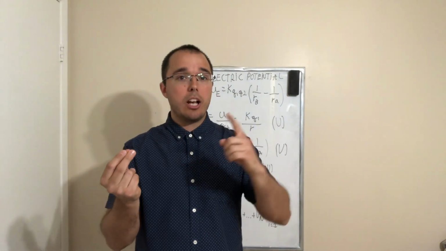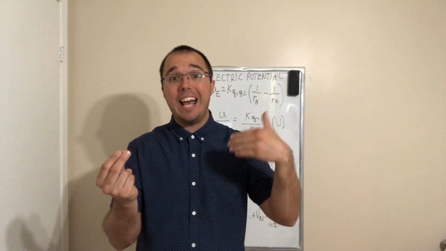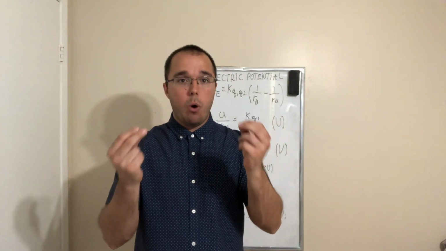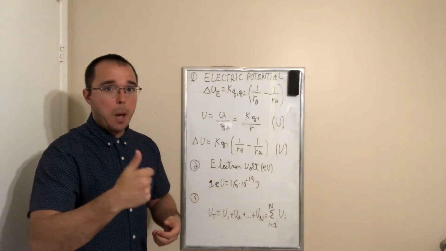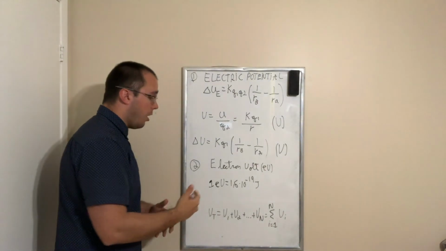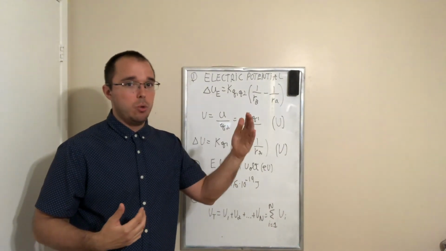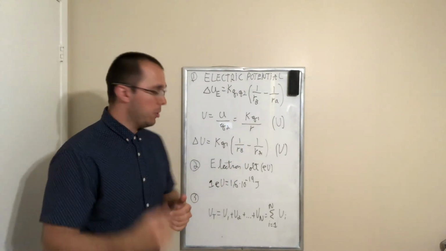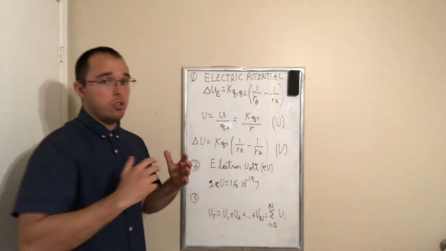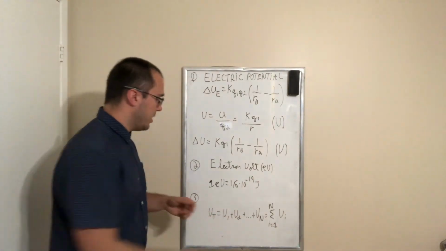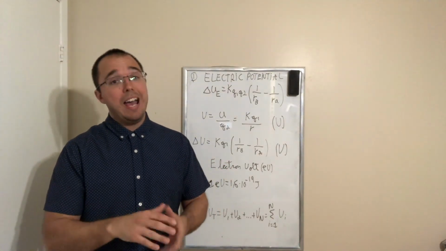Well, if we were to take an electron from infinity and bring it to 1 meter against 1 volt, it will require an energy of 1 electron volt. In other words, the charge of the electron multiplied by 1 volt. Recall, the charge of the electron is 1.6 multiplied by 10 power minus 19 coulomb. Therefore, 1 electron volt is equal to 1.6 multiplied by 10 power minus 19 joule. All right? So this value will pop up here and there in this semester, and you will see it often in your third semester.